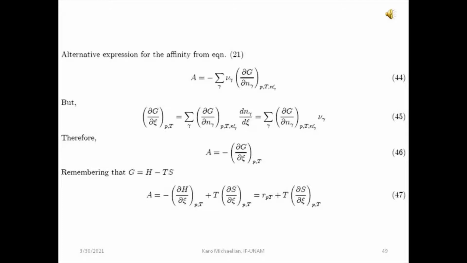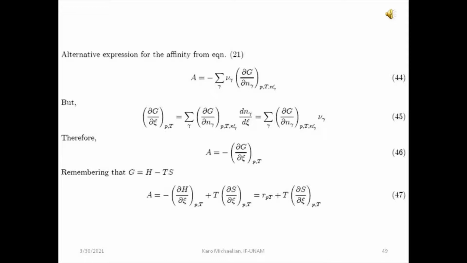By realizing that the advancement of the reaction Chi depends on the mole numbers N, we can write partial G by partial Chi at constant pressure and temperature as just equal to the sum over all the components in the system times partial G over partial N gamma at constant pressure, temperature, and all other mole numbers times dN gamma by dChi. That is just an expansion of G in terms of Chi.